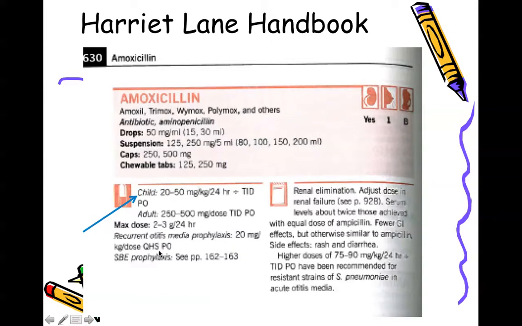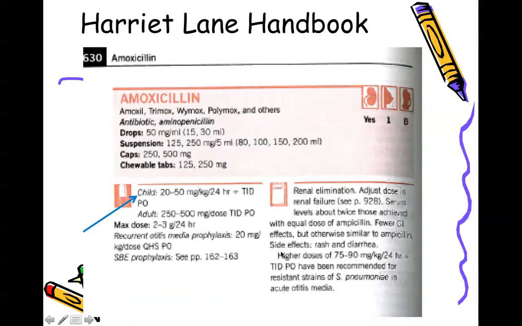QHS implies that you want to give that at bedtime. Endocarditis prophylaxis would be on another page. It gives you renal elimination information, so that's what this icon up here shows you, that it's eliminated in the kidneys and that you need to adjust your dose in renal failure. It tells you a little bit about the side effects, rash and diarrhea.